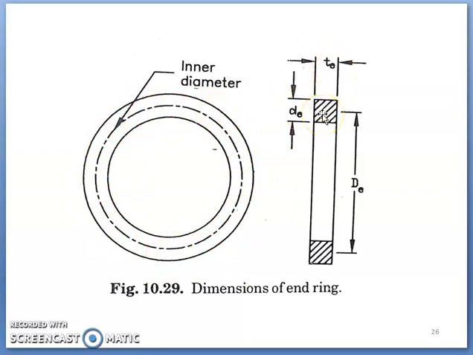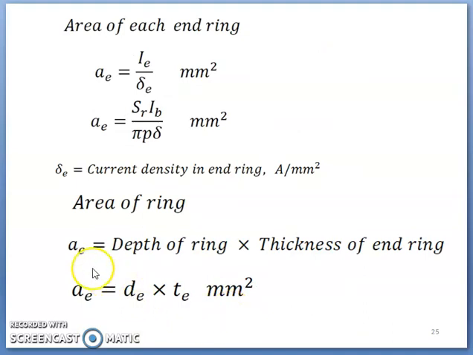Then the area of the end ring is depth into thickness, hence A equal to D into T mm square. So through the mechanical dimensions of the end ring also, the area can be calculated using this equation once these values are known.